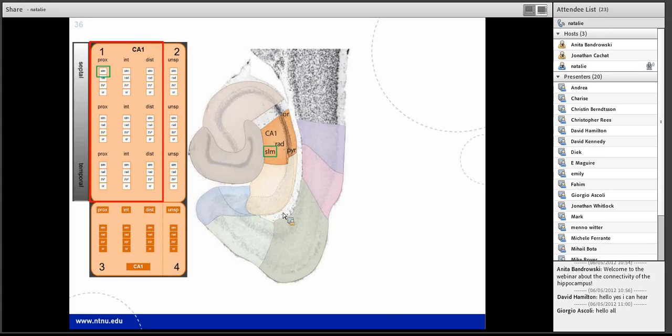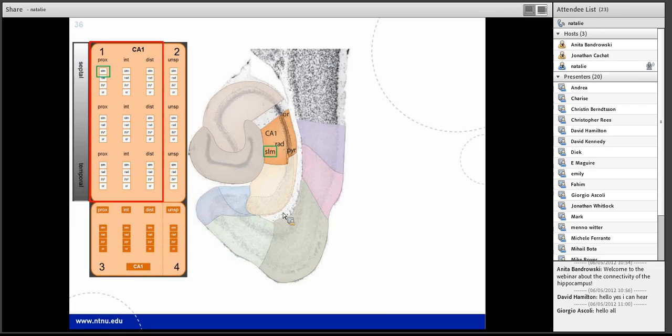To understand this, first divide the area box representing CA1 into 4 quadrants. Next, give each quadrant a number. Quadrant 1 describes connection at the highest level of anatomical detail.